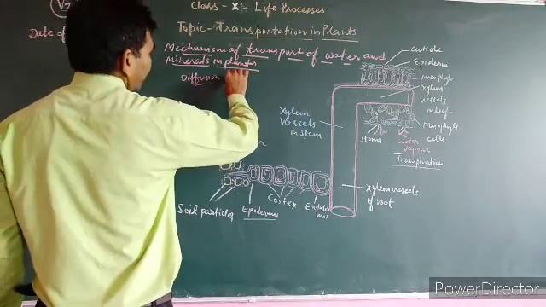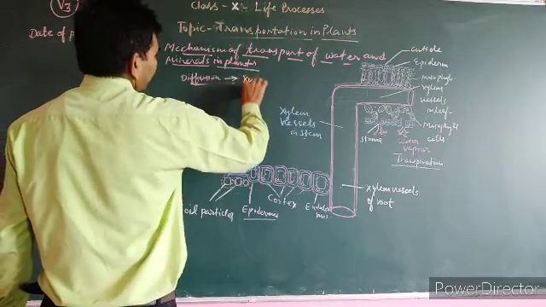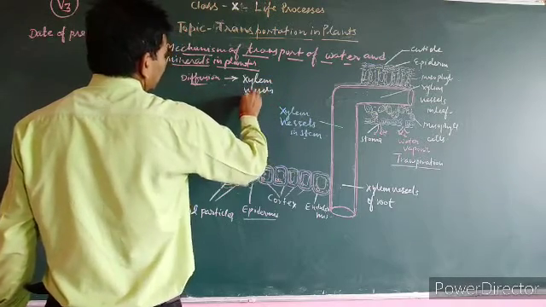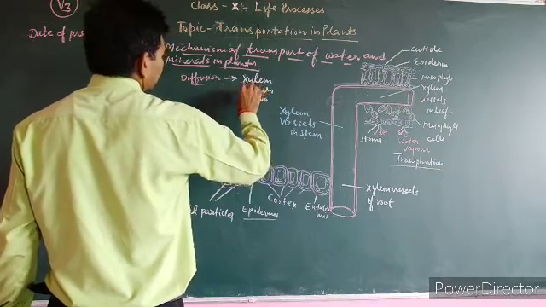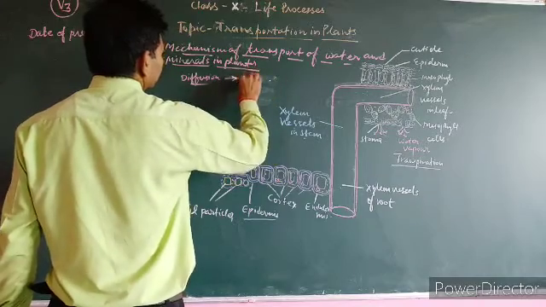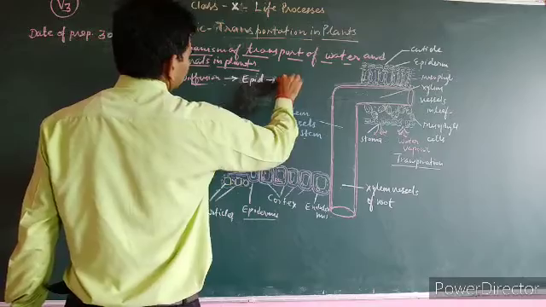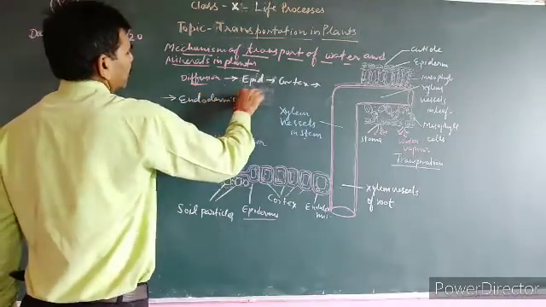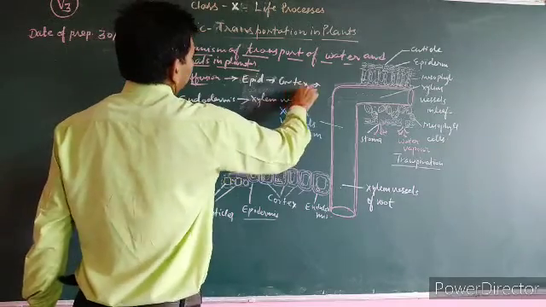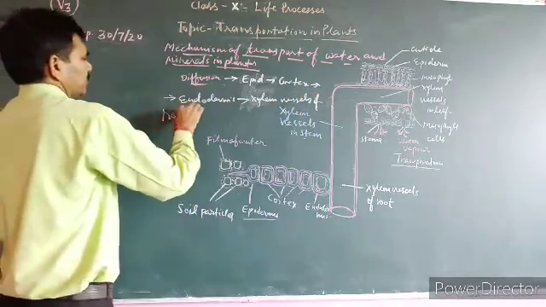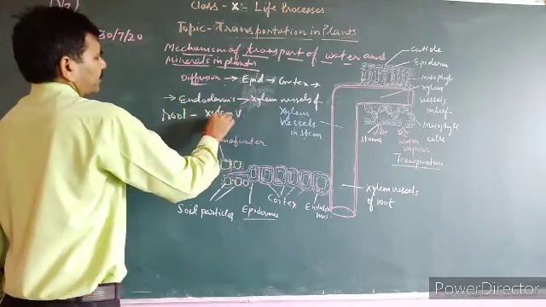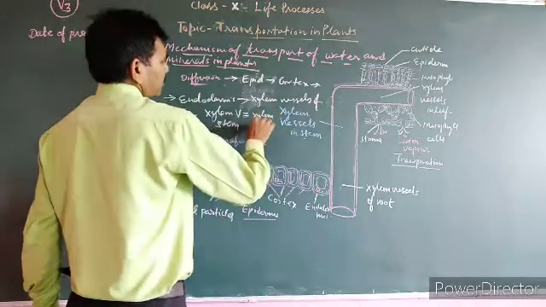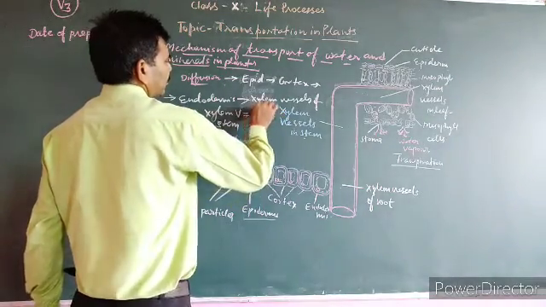Water by the process of diffusion enters the xylem vessels of root, then endodermis, then xylem vessels of root, then xylem vessels of stem, then xylem of leaf.